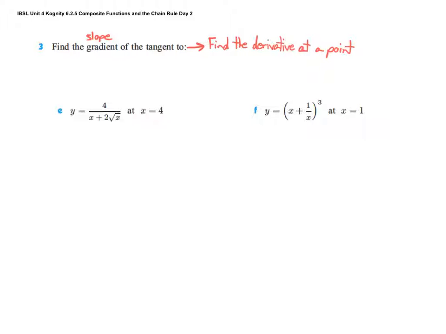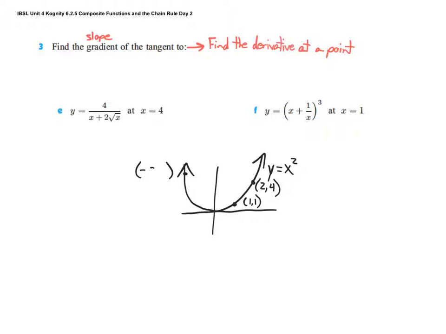Just to illustrate that, again, we only have 2 here, so I'm not going to do one of these, but just doing a basic one. Here's our y equals x squared. So I have points like 1, 1, and 2, 4. And I have, let's say, a negative 3, 9. Okay?